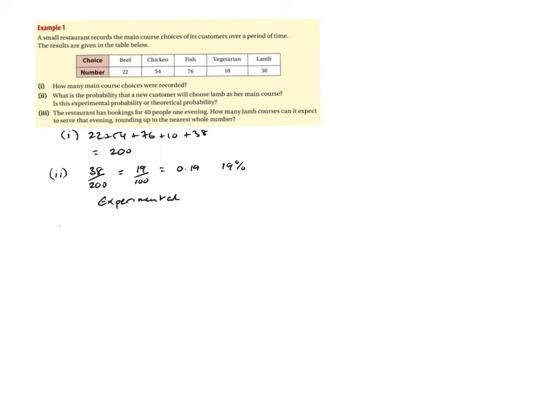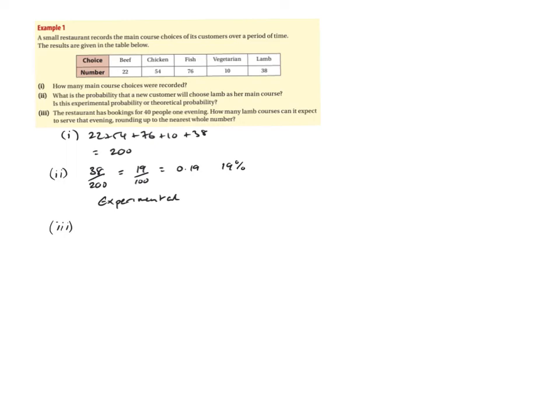The last thing it says is that the restaurant has bookings for 40 people one evening. How many lamb courses can it expect to serve that evening, rounding to the nearest whole number? Well, from part 2 here, we're expecting 19% or 0.19 of them to go for the lamb dish.